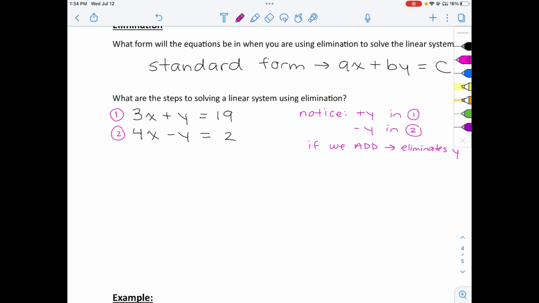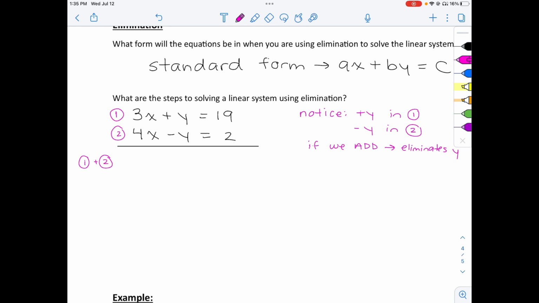Okay, so what that's going to look like is I'm going to put a line underneath my system like this, kind of like if you were setting up an addition or subtraction question with just regular numbers. And what I'm going to do is, like I said, if I add plus y minus y, that's going to cancel out the y. So this line here, I'm going to do equation 1 plus equation 2.